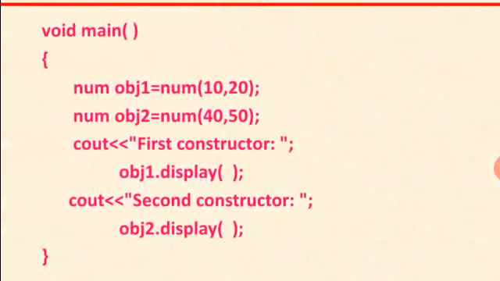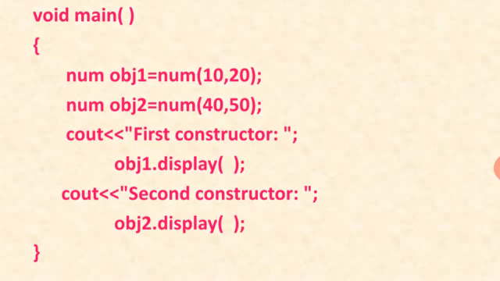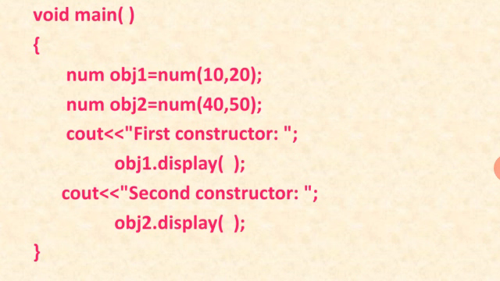Now, next, you can see here on the screen void main. Main is the function we know. In that, I have created object 1 of the class num. You can see here num is the class name, and ob1 is the object name of the class num.